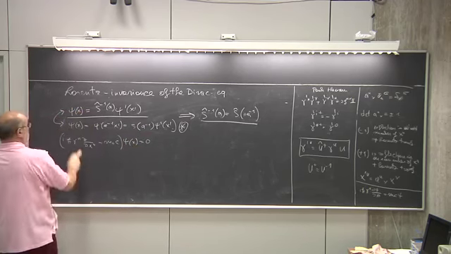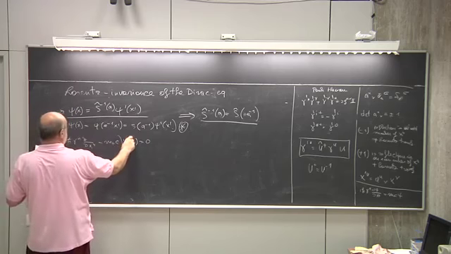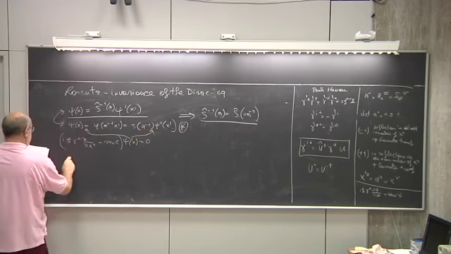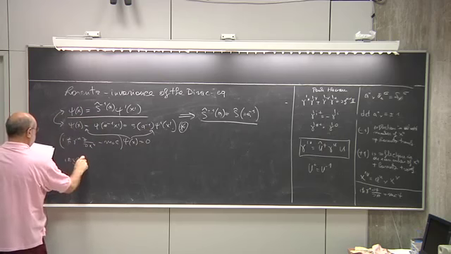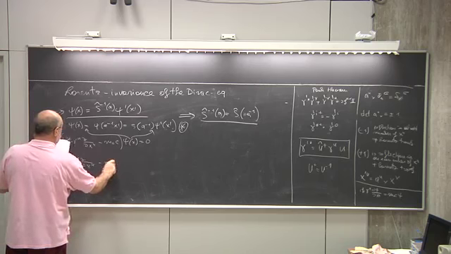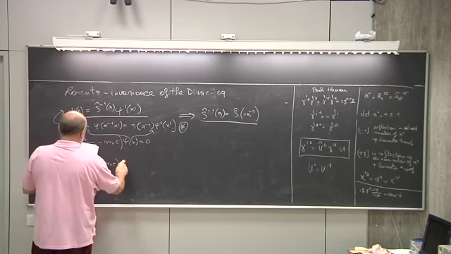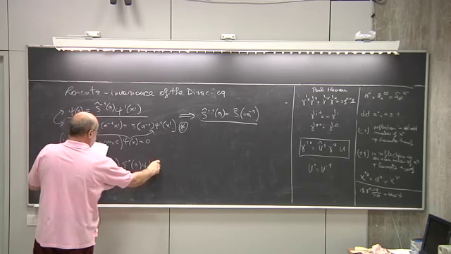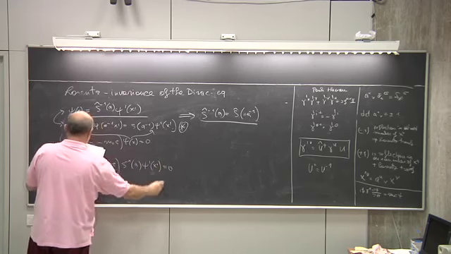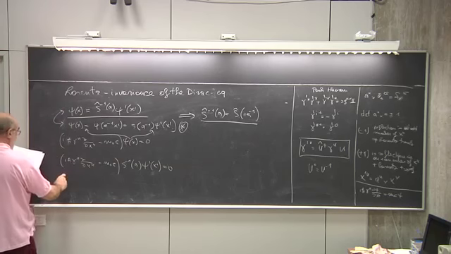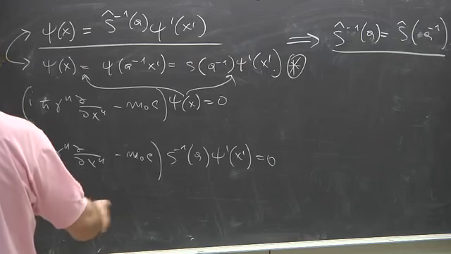Okay, and let's use this relation. Let's now use this relation. Then we get i h bar gamma mu d dx mu minus m0 c, S minus 1 of a, psi prime x prime equals 0. This means i h bar gamma mu.